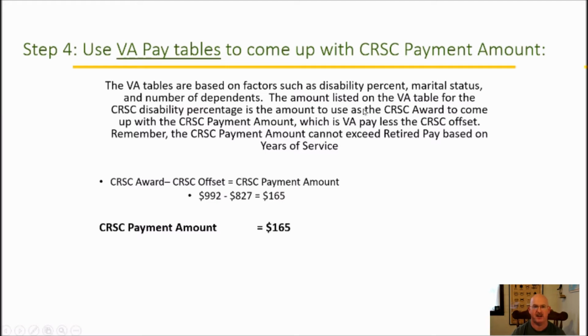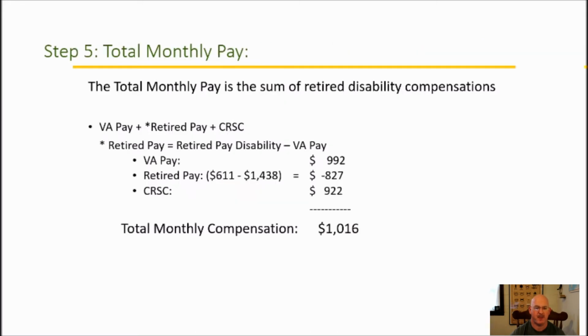And I know that's going to make a lot of folks angry also, but CRSC was never designed to make up for the full amount of the VA compensation offset. Sometimes it does, but it does not always do that.